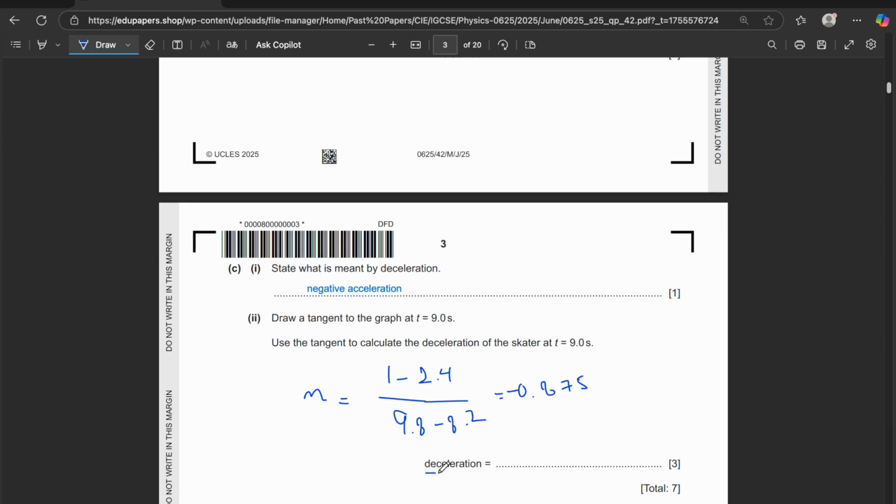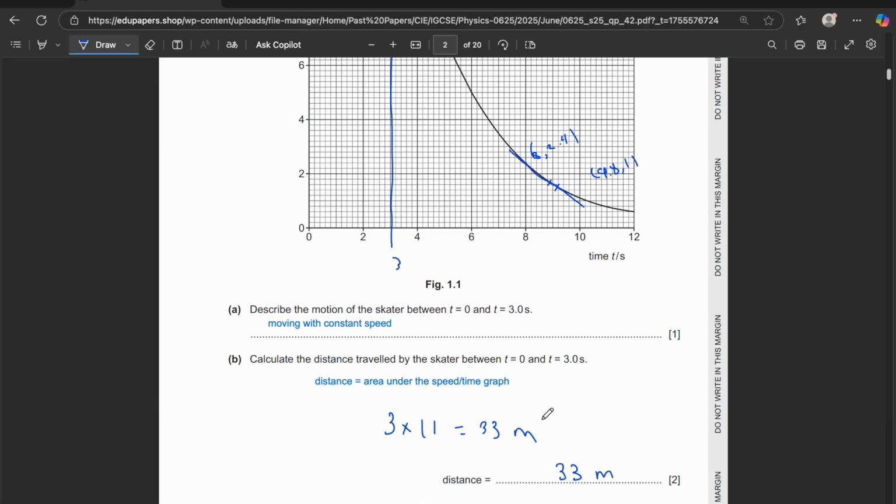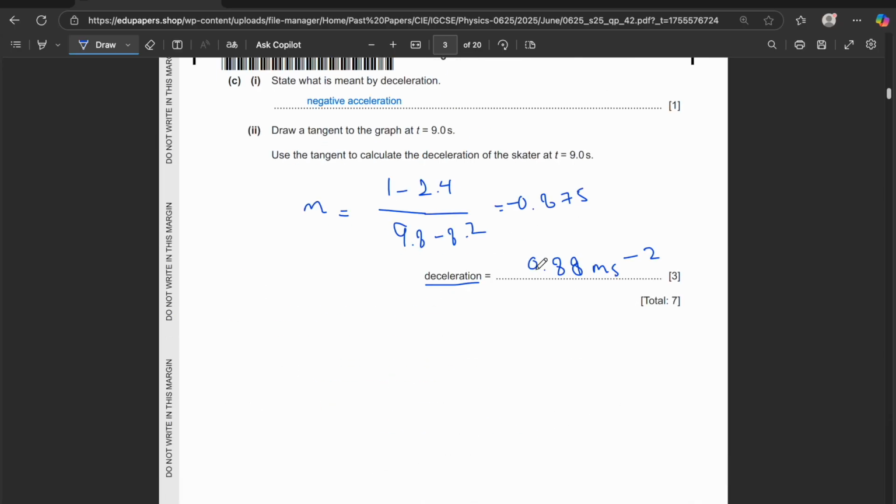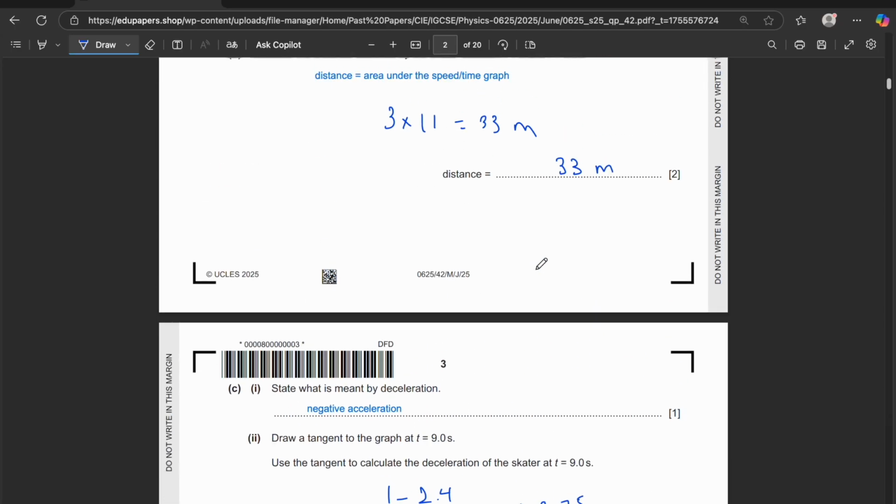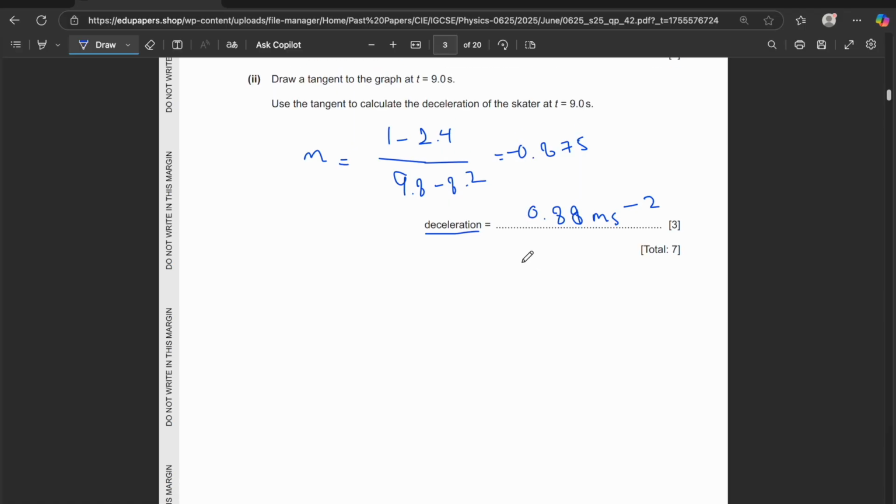This is a deceleration, which indicates that this is already negative, so you don't really need to put the negative there. So you can just write 0.88 meters per second squared. If you do it with a straight ruler line, then this could be more accurate, but this is an approximation here.